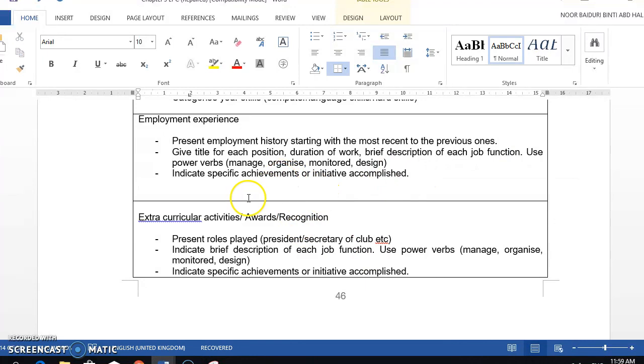Okay, so if you don't have work experience, don't despair. You still have the chance to promote your skills through extracurricular activities. So those of you who have both, you may include both sections. Okay, but if you don't have any work experience, you might as well omit that section. Do not create it at all in your resume.